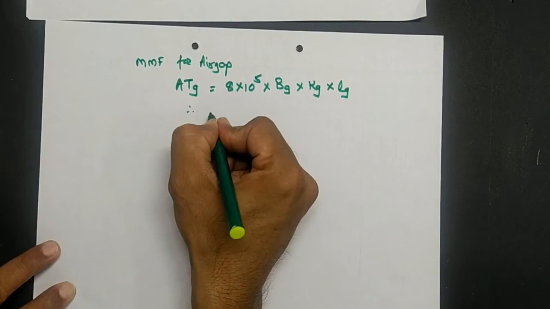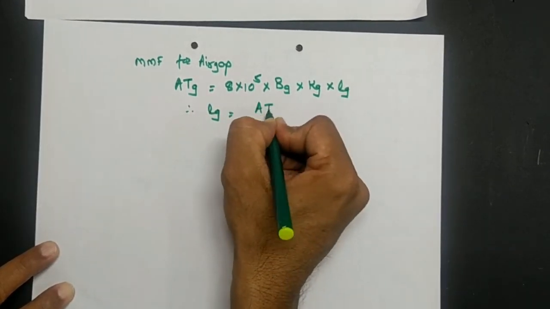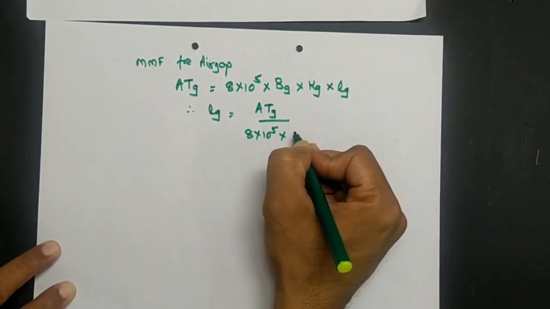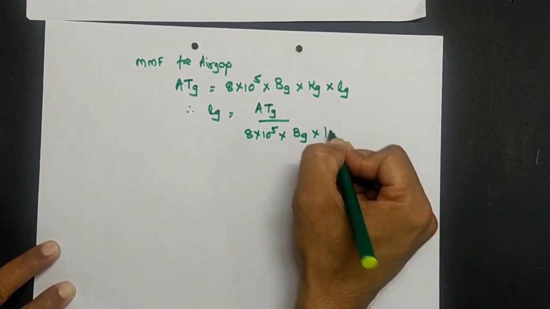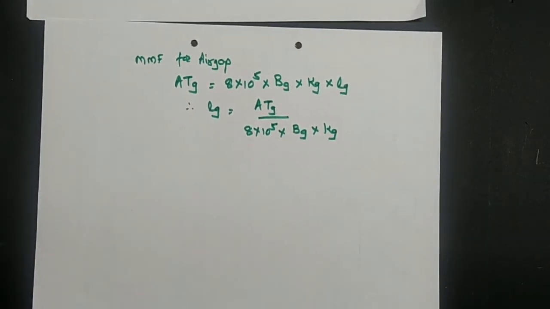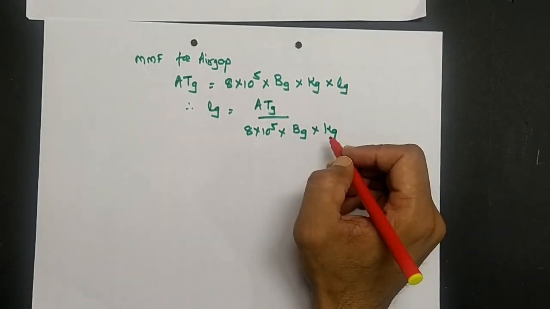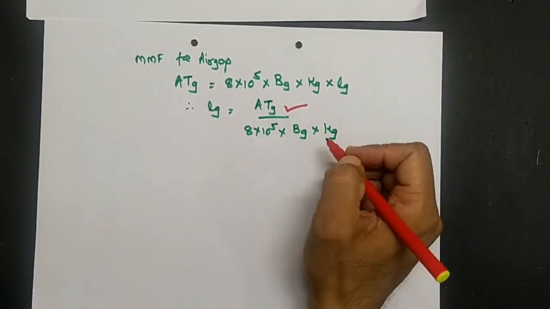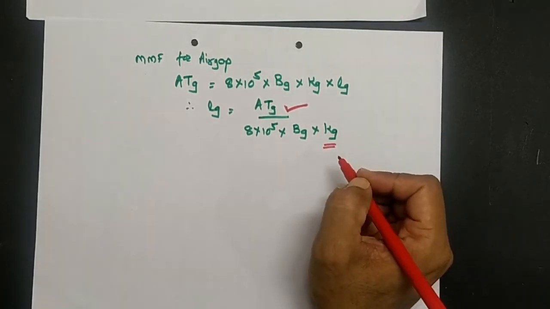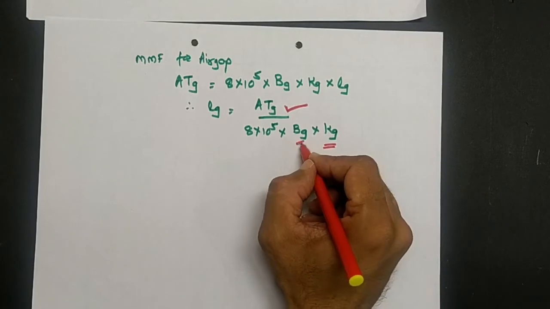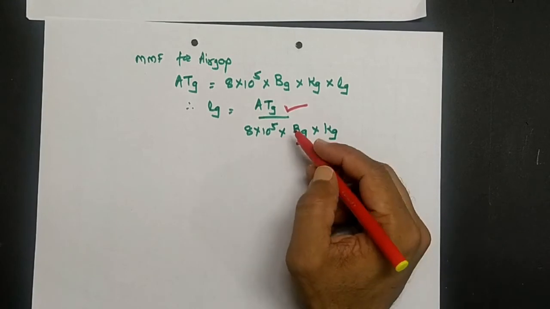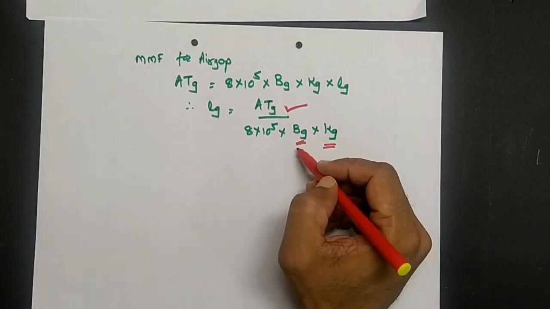Therefore Lg is ampere turns for the gap divided by 8 multiplied by 10 raised to 5 multiplied by Bg multiplied by Kg. We will use this equation for calculating air gap length. Kg, the gap contraction factor, is given. For Bg, we have the average flux density and the field form factor, so we can easily calculate Bg.